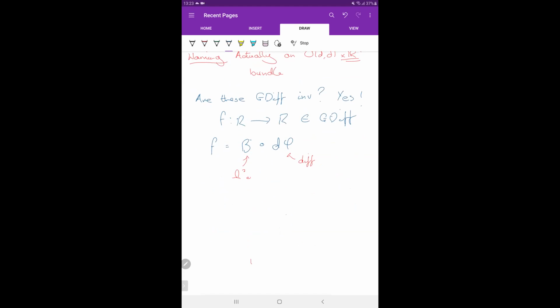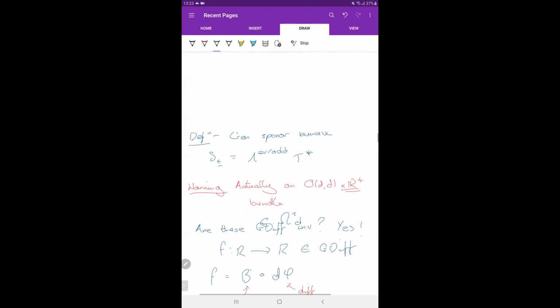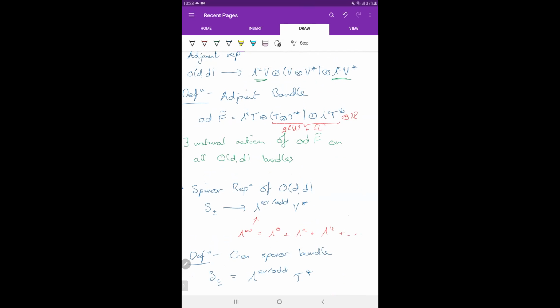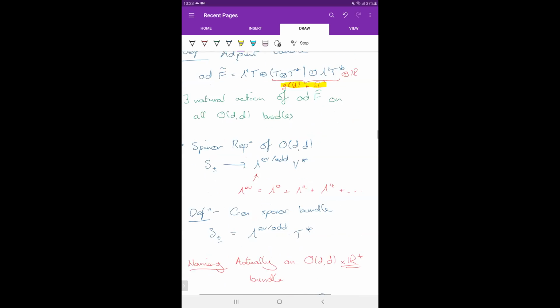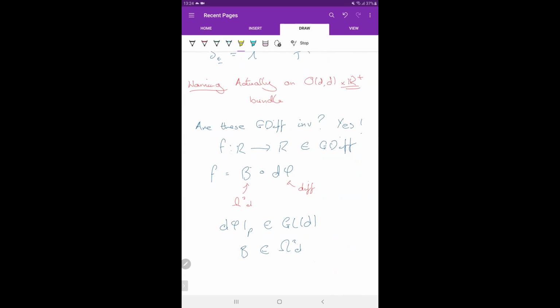Now recall that d phi at a point looks like a GLD action, and B now is a closed two form. And precisely because of this identification here, we notice this very special subbundle. These transformations exist within the adjoint bundle. They exist within the ODD action. So roughly speaking, these guys at a point look like an ODD transformation.